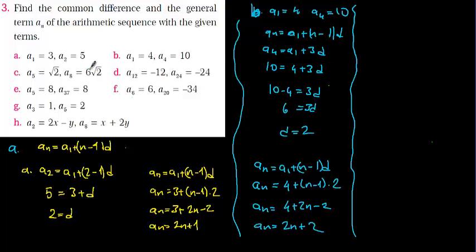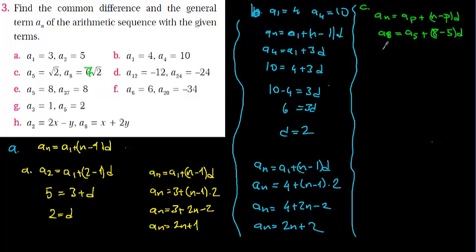For solving this question easily, I'm going to change this one to 7 root 2. And I'm going to use the advanced general term formula. An is equal to ap plus n minus p times d. So a8 is going to be equal to a5 plus 8 minus 5 times d.